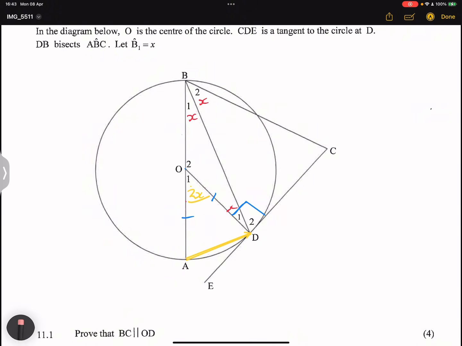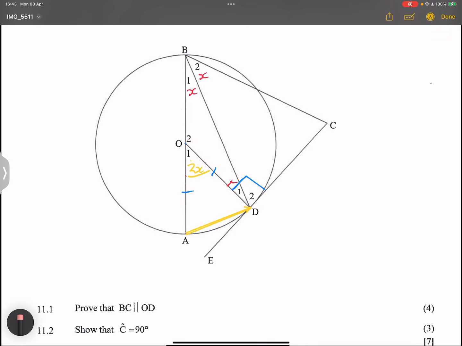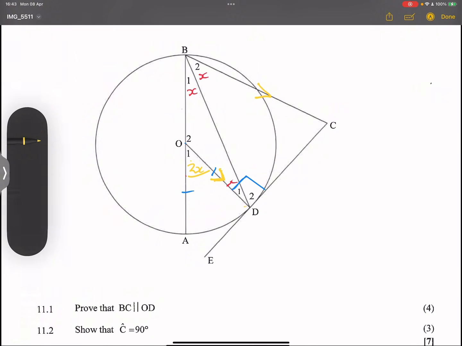Let's see what it is that they want us to determine here. They say prove that BC is parallel to OD. Now, let's do this, ladies and gents. They want us to prove that this line over here, BC, is parallel to OD. Now remember, we are proving. In order for us to prove, we need to use other information.